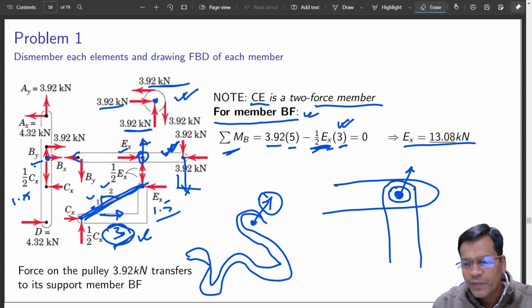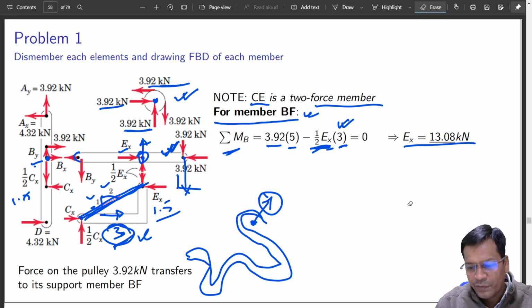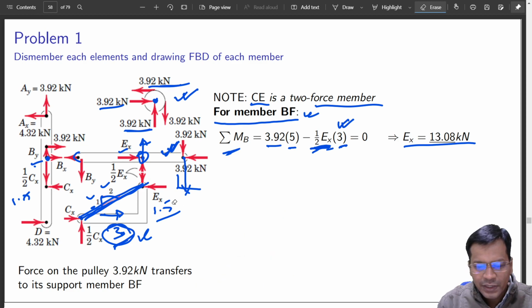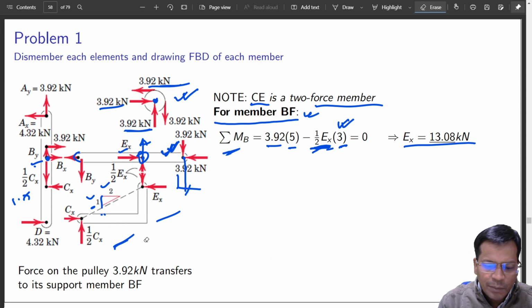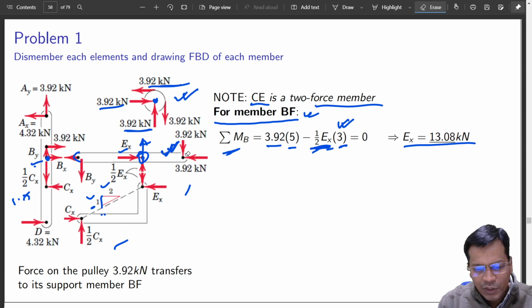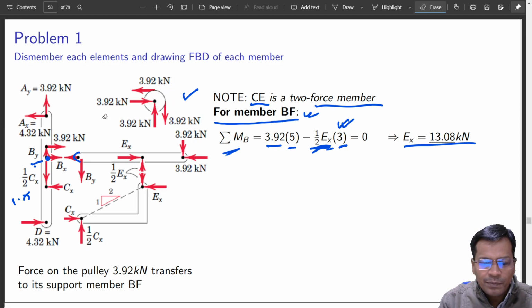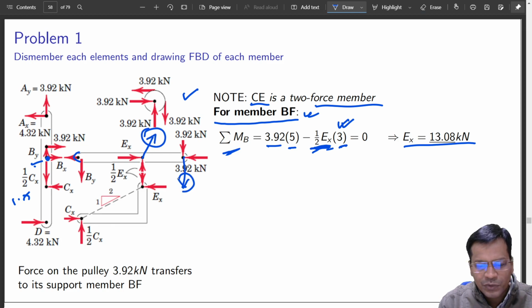These are very, very important concepts. Otherwise, in the exam you will be badly confused. Forget everything else, it is actually the pin that takes up the load. You have to remember this, mug it up, if you cannot understand now. It is the point on which the force acts, and this force is balancing whatever load comes here.